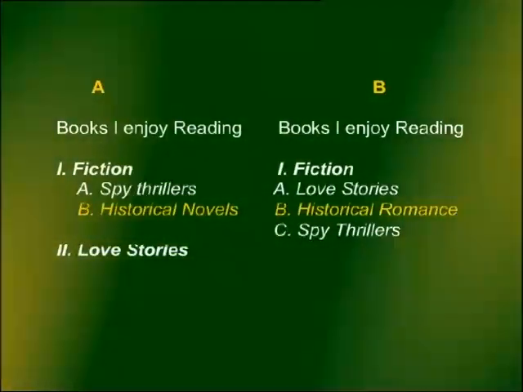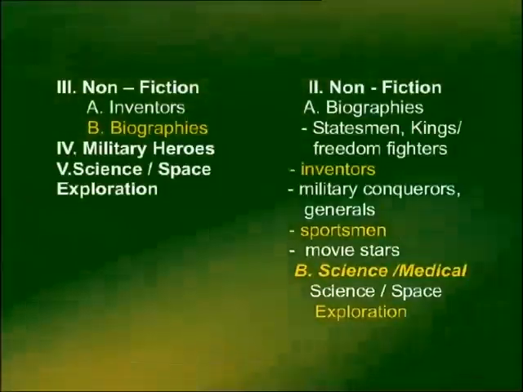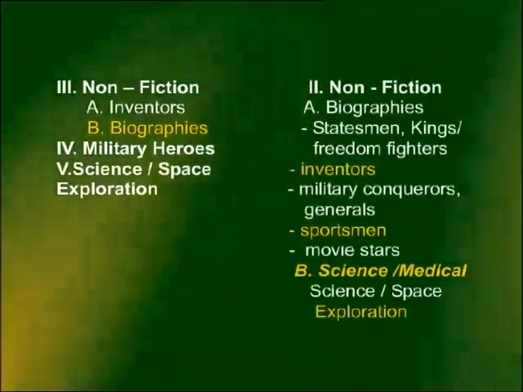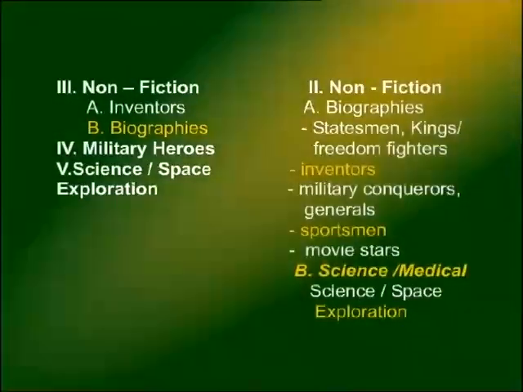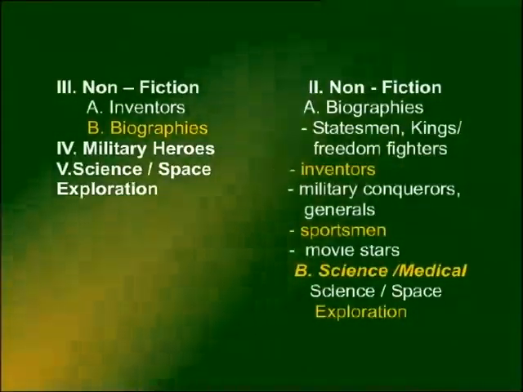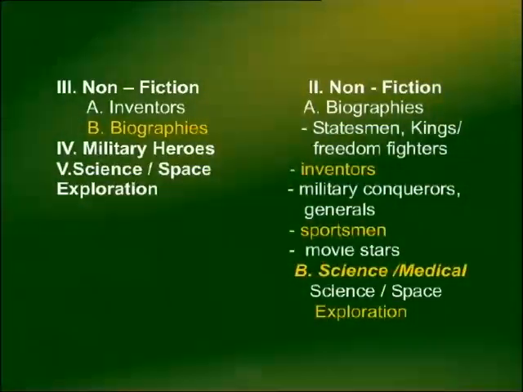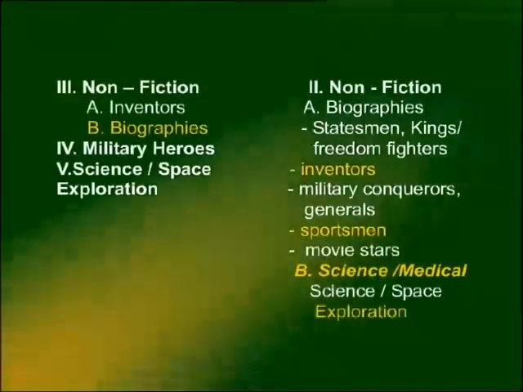Number 2, love stories. Number 3, non-fiction. And under non-fiction there are two more subtopics, inventors and biographies. And number 4, military heroes. And number 5, science or space exploration or explorers.